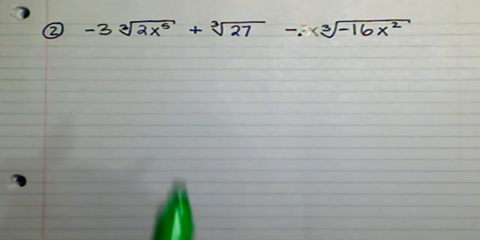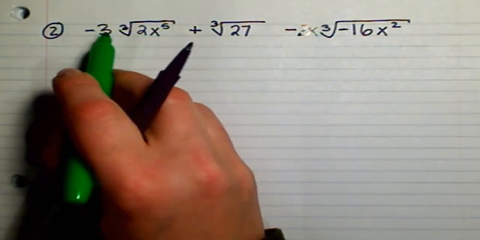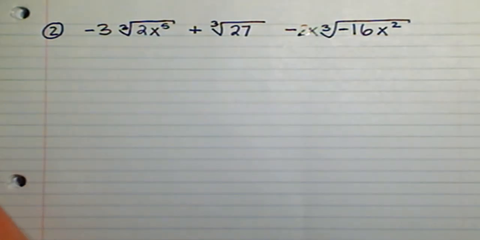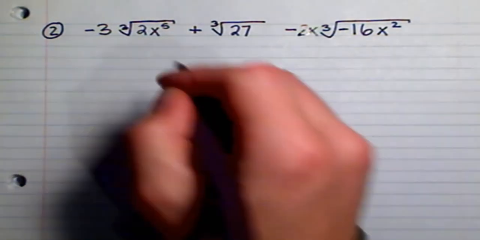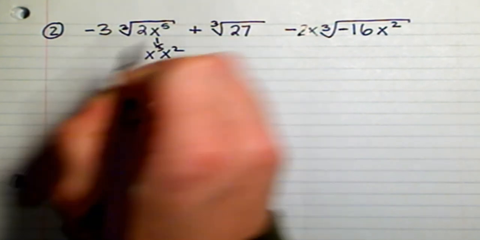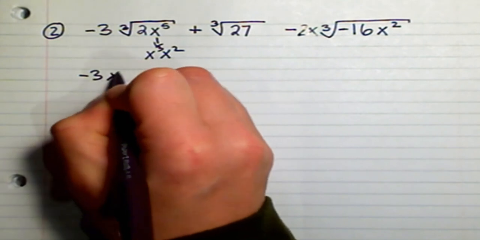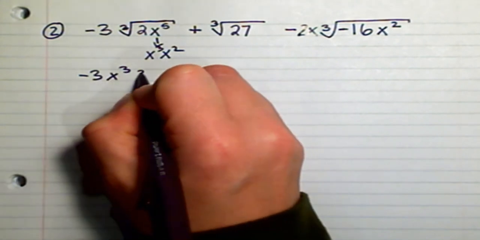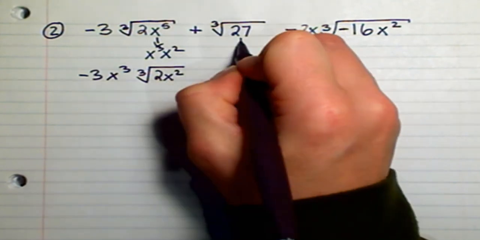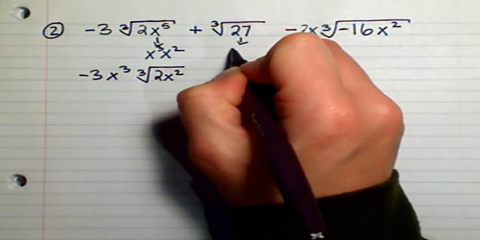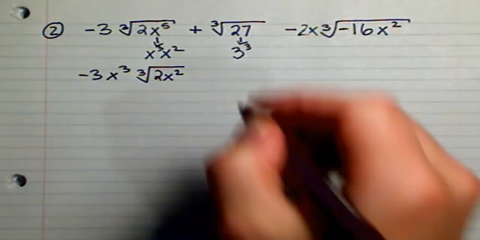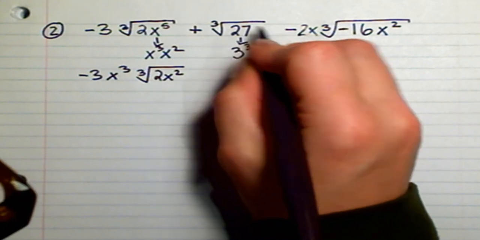I don't really see any common terms, so I'm going to go ahead and try to simplify. I notice that this x to the 5th actually simplifies, so we get minus 3x cubed left over 2x squared. 27 is actually 3 cubed. It's a perfect cube, because that's 9 times 3.